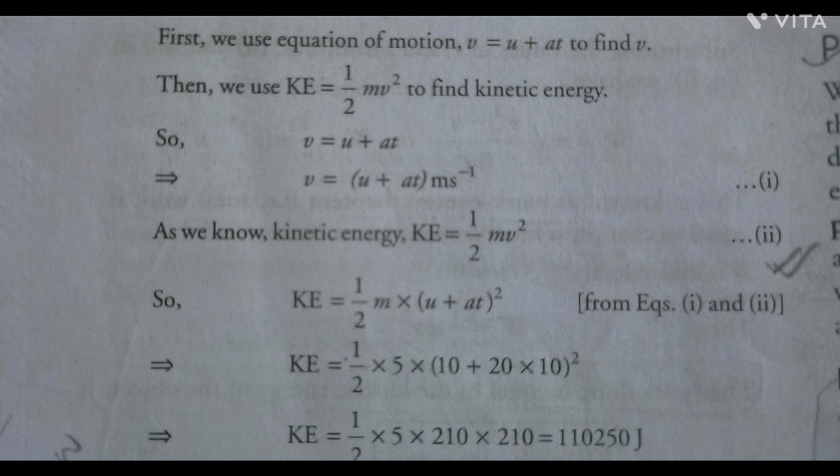By putting the value of v is equal to u plus at in the formula of kinetic energy, we get KE is equal to half m into u plus at the whole square, which implies KE is equal to half into 5 into 10 plus 20 into 10 the whole square, which implies KE is equal to half into 5 into 210 into 210 is equal to 1,10,250 joule.